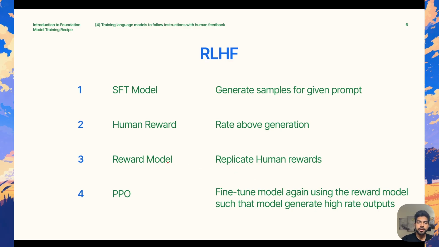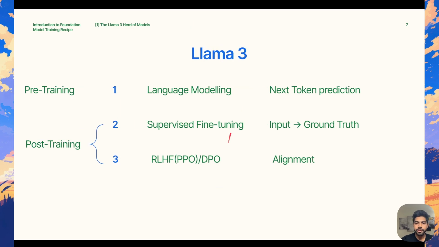As you can see, using humans is very expensive. So to cut on this part, LLaMA 3 specifically uses a different reinforcement learning algorithm known as DPO, where it uses only the generations from the SFT model and rates them in a different manner. We will go into more detail about this part later in our presentation.